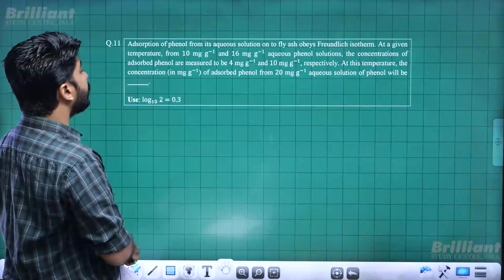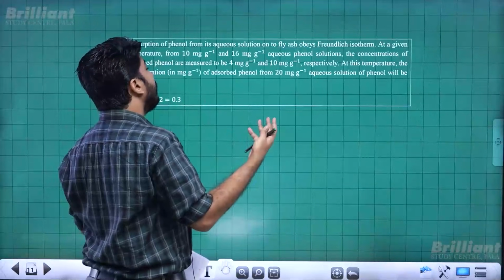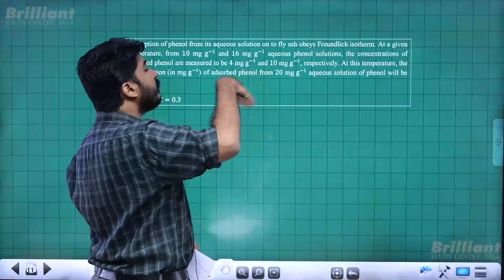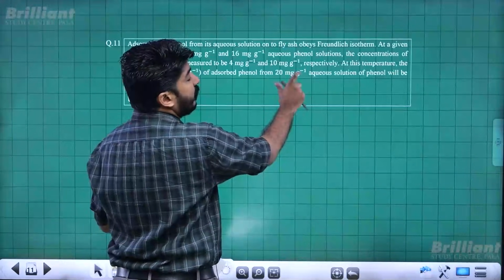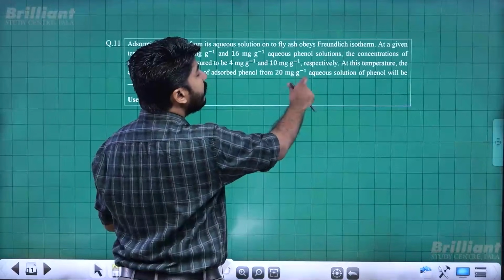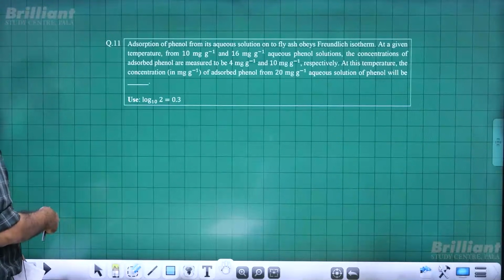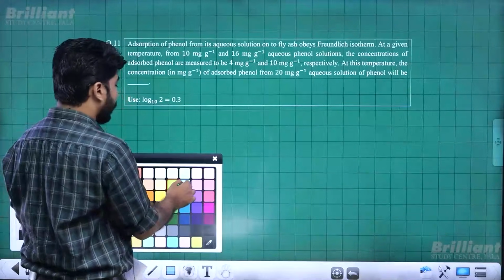At this temperature, we need to estimate the concentration of adsorbed phenol from a different phenol concentration solution. So if you are given a 20 milligram per gram phenol solution, what would be the expected adsorbed phenol concentration? That we need to check.